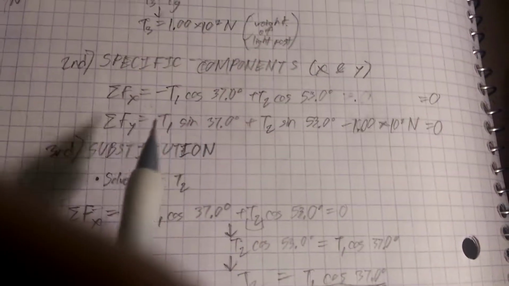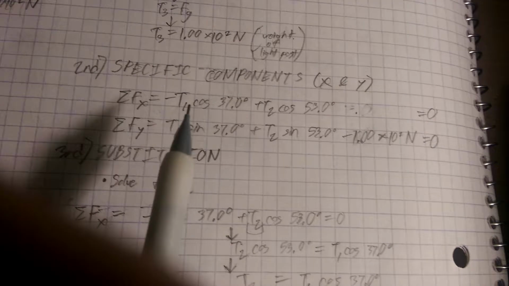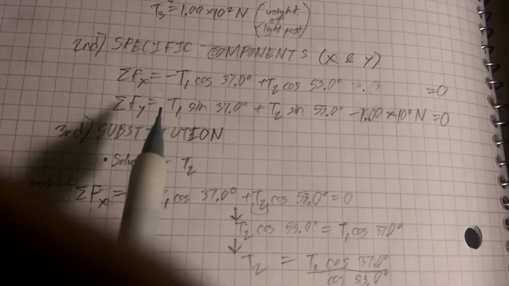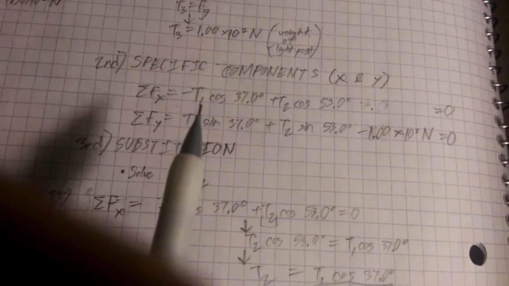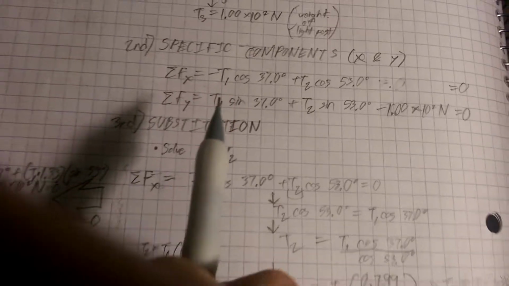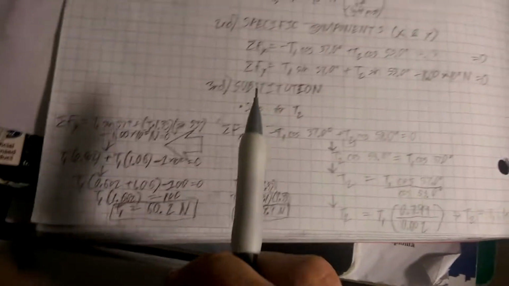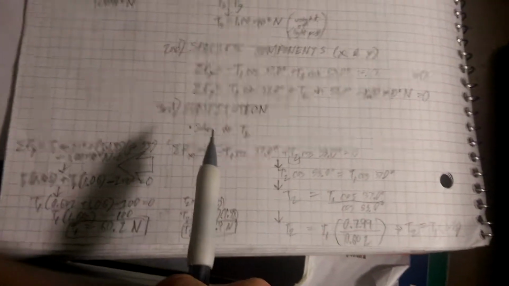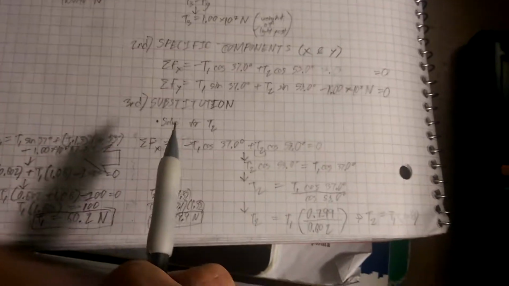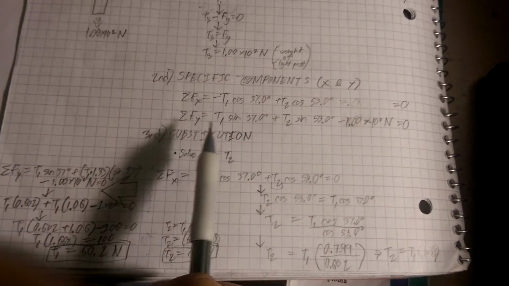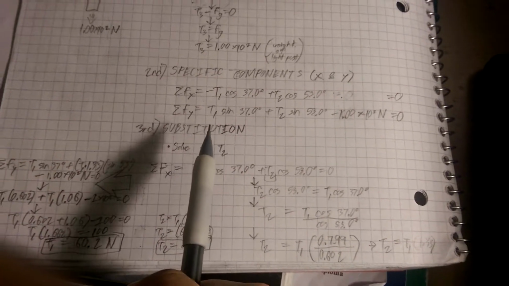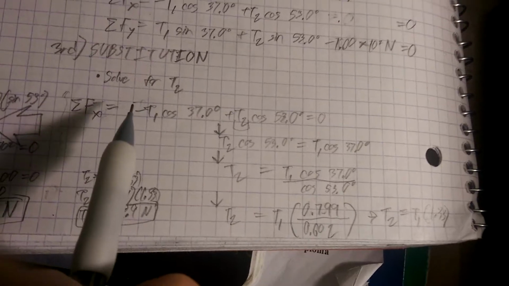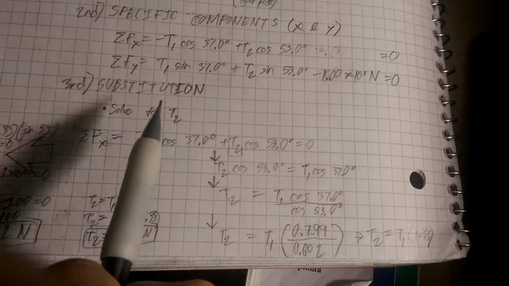And hey, once you have the two components that you need, of the forces along the x-axis and the y-axis, the third step finally is essentially to do algebra-based substitution. Really, it's taking the 2 equations, you find one variable, and then you put that variable into the other equation. So to show it off, I'm going to solve for T2.